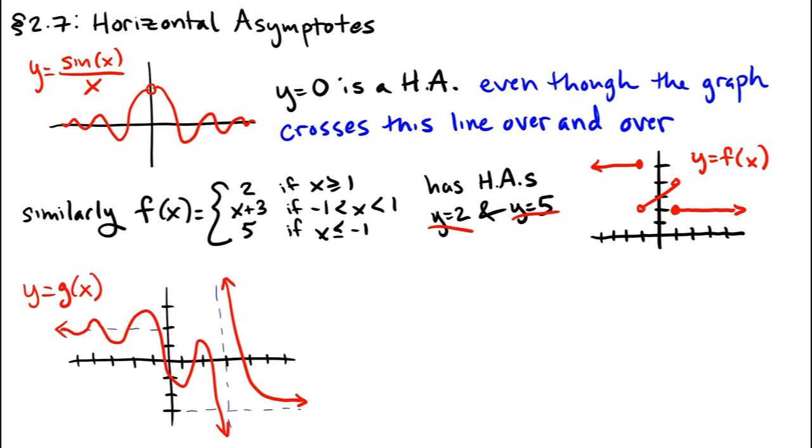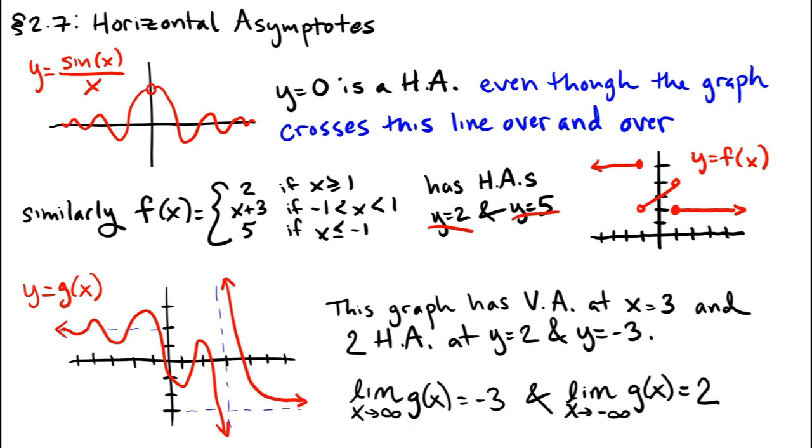You should be able to identify asymptotes of a function by looking at its graph. What are the asymptotes of g(x), and, given those asymptotes, what can you conclude about the limits as x goes to infinity and minus infinity? This graph has a vertical asymptote at x equals 3, and 2 horizontal asymptotes.